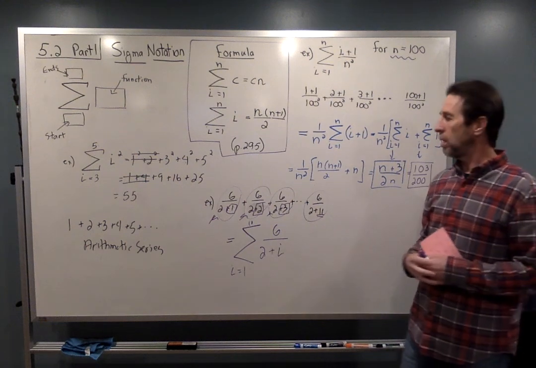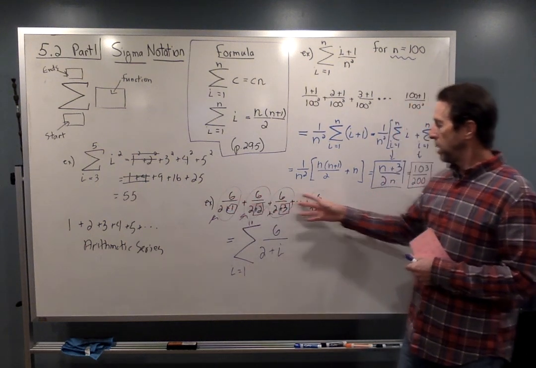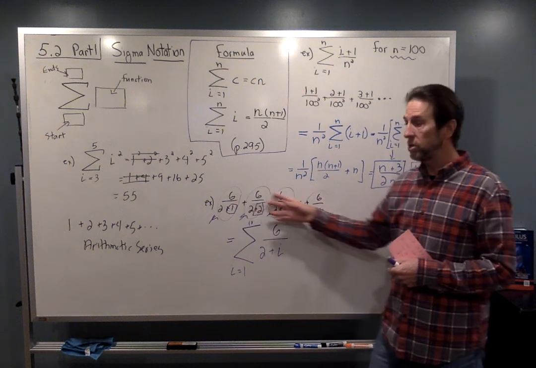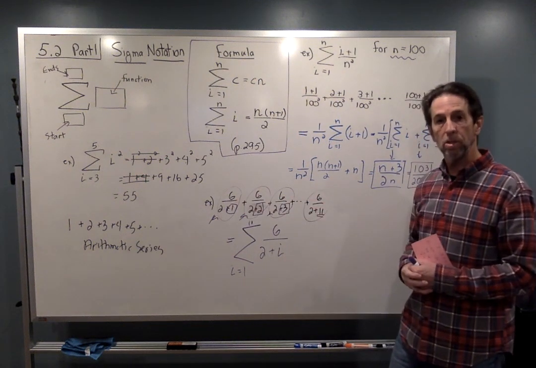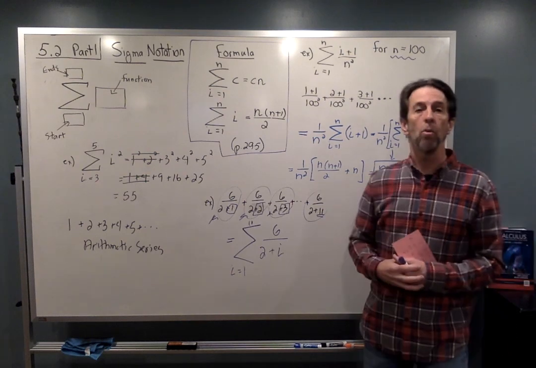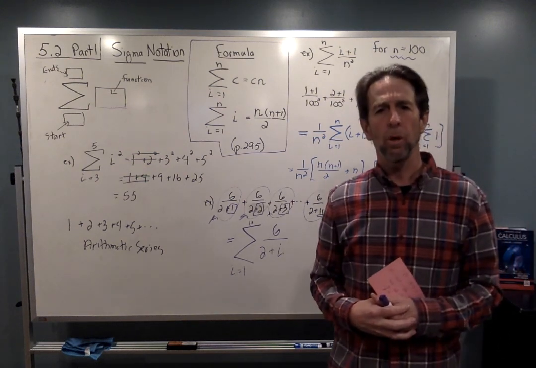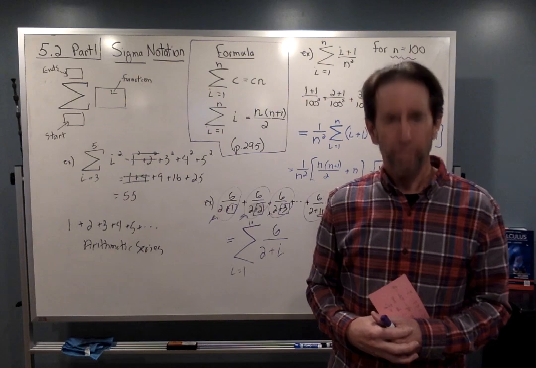And then there will be some problems where you will be given a bunch of numbers added together, expressions, and then you're trying to condense that into one expression using sigma notation. That's all for part 1. I'll work on part 2 shortly, and have a good day.